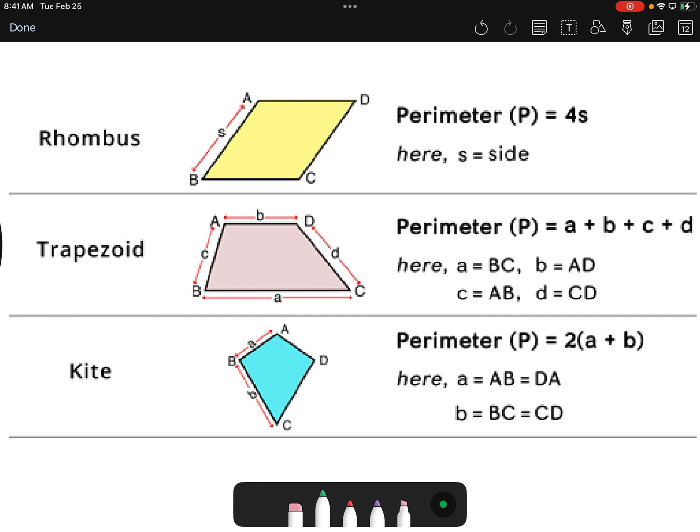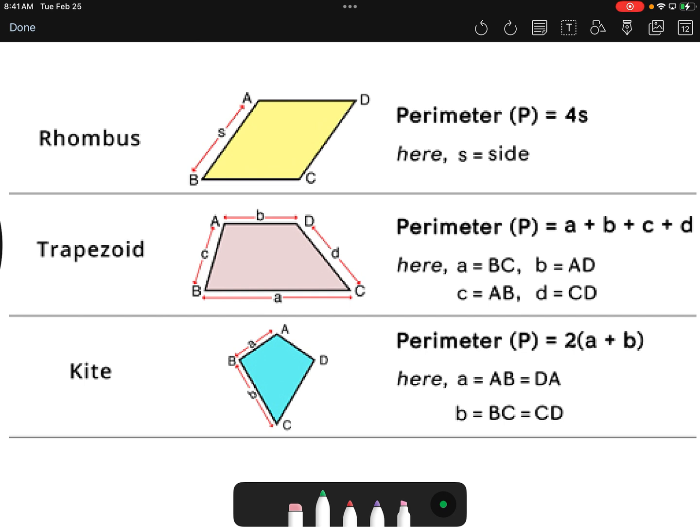Trapezoid. A trapezoid is a quadrilateral. It can be a isosceles trapezoid if that is true. An isosceles trapezoid, this side and this side are the same length. In this figure, is this an isosceles trapezoid? It is not, right? How do you find the perimeter of a trapezoid? Add up all the side lengths.